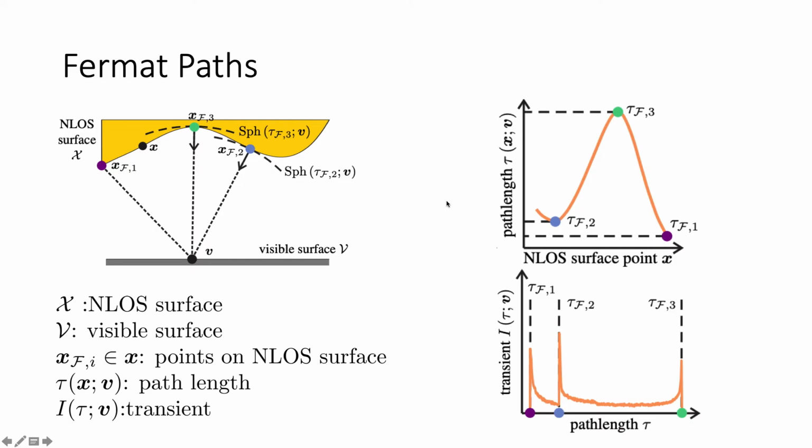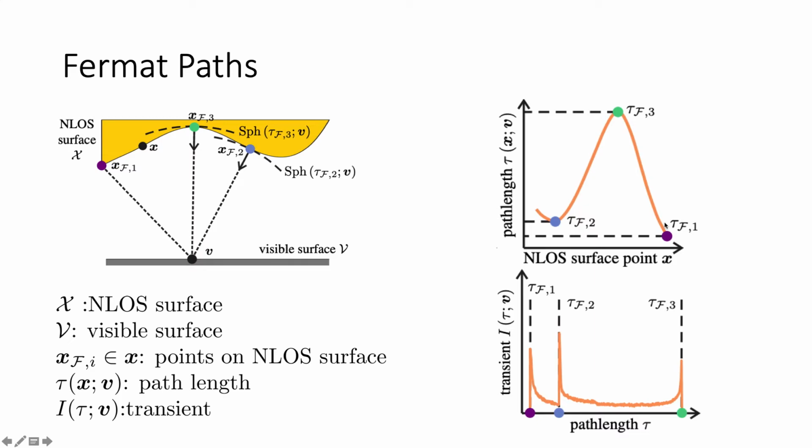The authors of this paper found that Fermat paths correspond to transient discontinuities. In the left figure, x_f is a point on the hidden surface. We can see from the figure on the top left that when we scan the scene from right to left, the path length tau goes up, and then falls off.